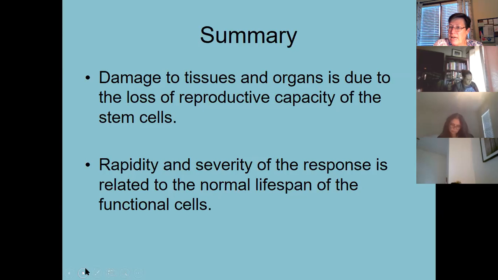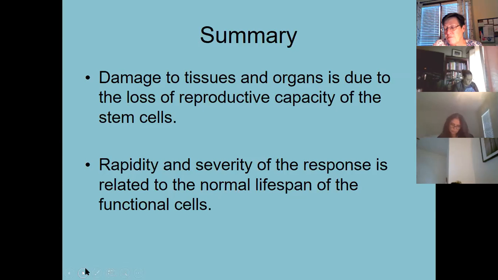Well, if the stem cells can't reproduce, then that means we don't have enough cells moving to the differentiating compartment and ultimately to the functional cell compartment to do the work of the tissue or organ. So at some point, we are going to see a loss of function. How quickly we see that and how severe the response is related to the normal lifespan of the functional cells.